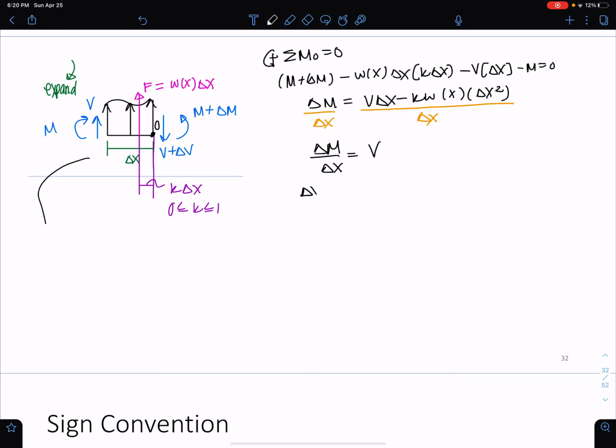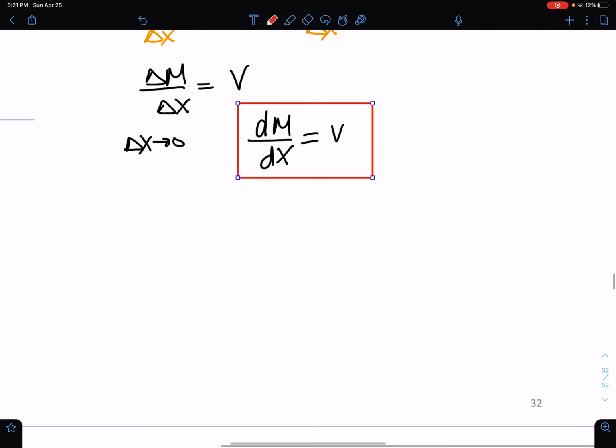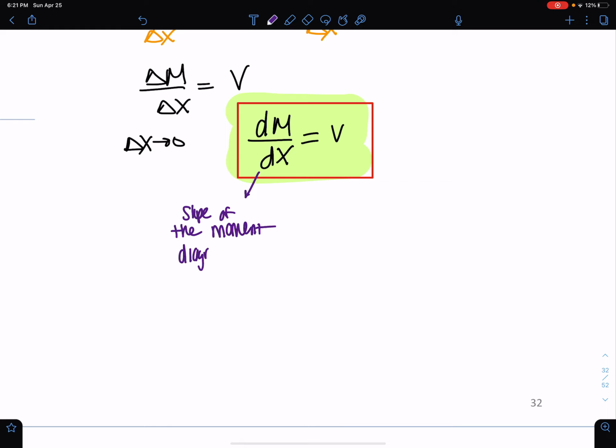And if we say delta x approaches 0, we can turn this into dM/dx is equal to the shear. And we knew this previously, we're showing this. What this tells us is the slope of the moment diagram is equal to the shear.